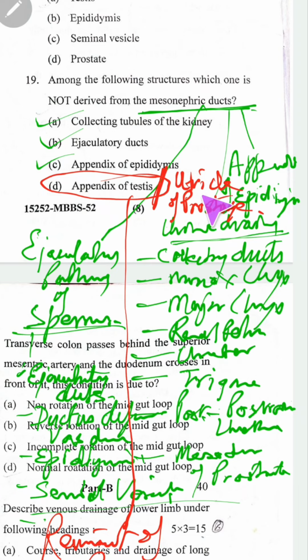This is homologous to the vagina in females. In males you have the utricle of prostate, or some even compare it with the uterus or the upper one-third of the vagina. Anyway, these two structures, utricle of prostate and appendix of testis, are both remnants of the paramesonephric duct.